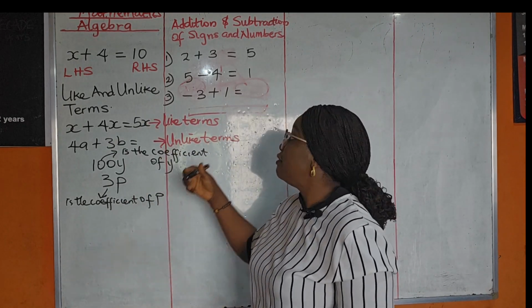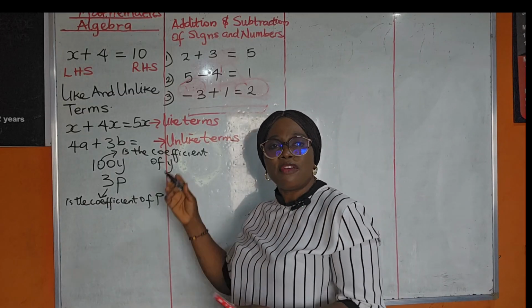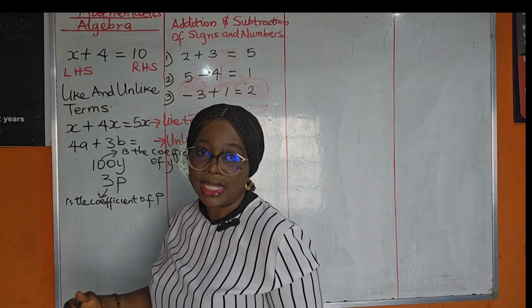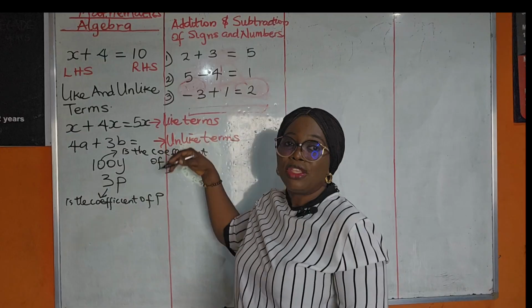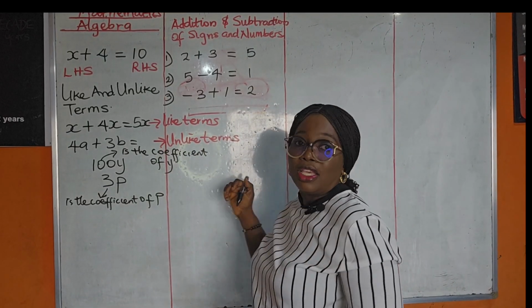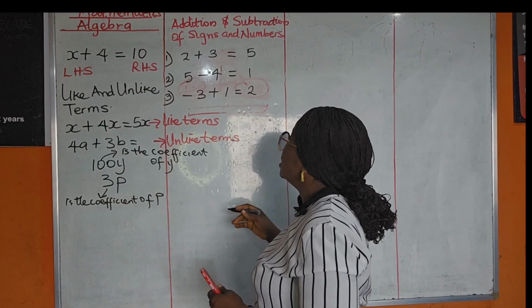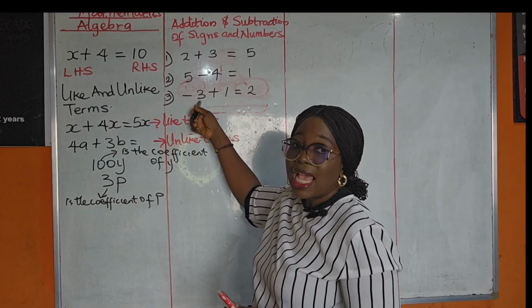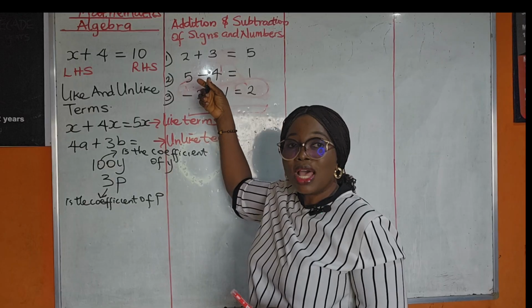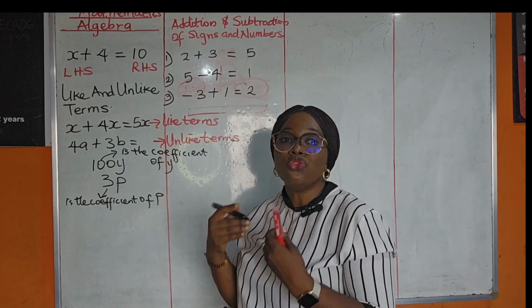You're still going to be left with 2 naira. Another way of viewing this is to use a number line. If you draw your number line, you're going to see how to add. But without the number line, it's always good for us to have some basic concepts: a negative sign tells us that you owe, and a positive sign tells us what you have.